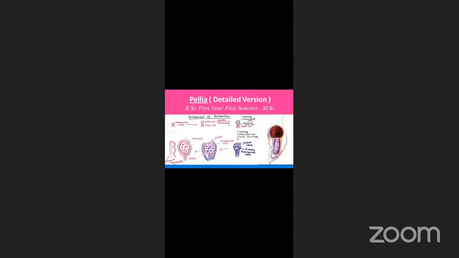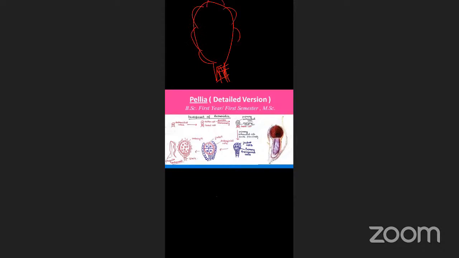The development goes from single cell, double cell, quadrant, octant stage, and finally forms the full-fledged Antheridium with two parts: a multicellular stalk and a multicellular oval body, protected with a jacket layer.